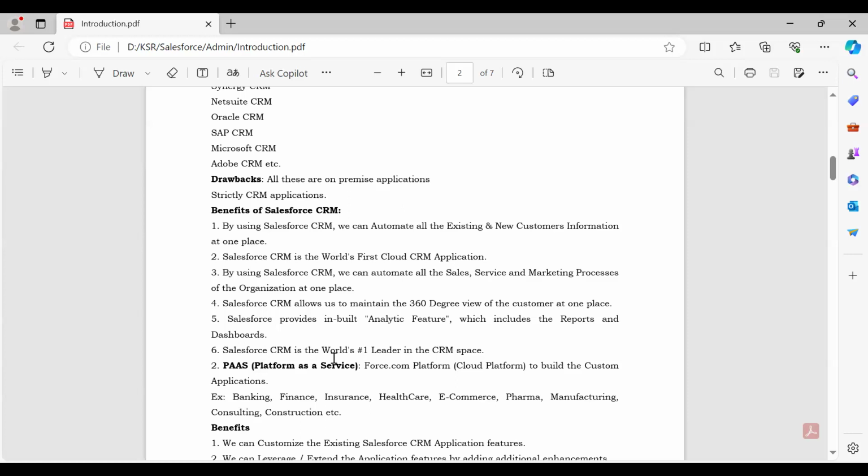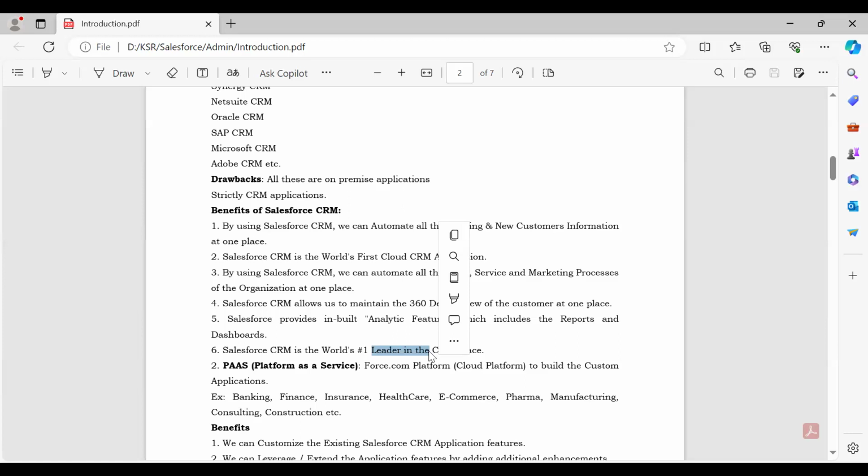Next benefit. Salesforce CRM is world's number one leader in CRM space. Yesterday, I have shown you the market share of Salesforce in the CRM market. In 2022, its market share is 23%. That means no one is close to Salesforce.